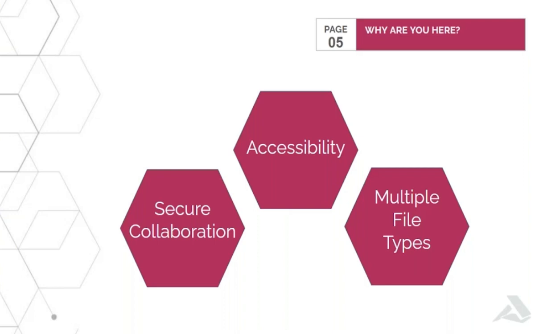Those three areas are typically secure collaboration, accessibility, and processing multiple file types quickly and efficiently so that the end user gets the best experience possible. We will talk about how the Prism Doc platform can bring value to your application by helping in each of these areas today. So what is Prism Doc moving forward?